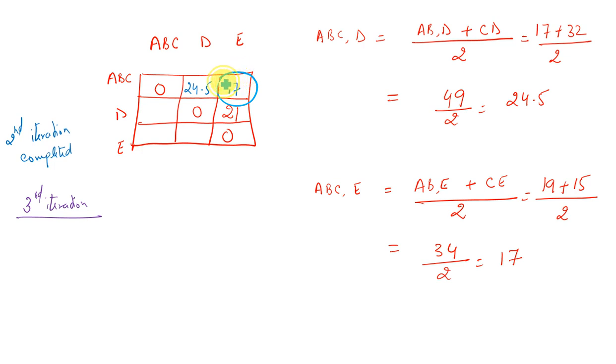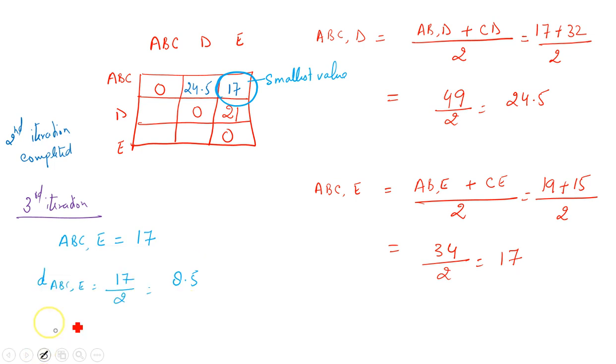17 is the smallest value, and it is in between ABC comma E equals 17. If I calculate the branch length between ABC comma E, it is 17 divided by 2, so it will be 8.5. Again we have to construct the tree.